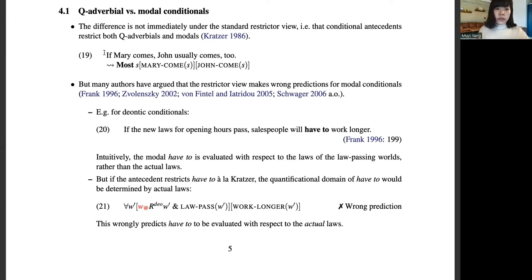To give you a sense of what the restrictor view would look like roughly, for a sentence like 19, which is a Q adverbial conditional: If Mary comes, John usually comes too.